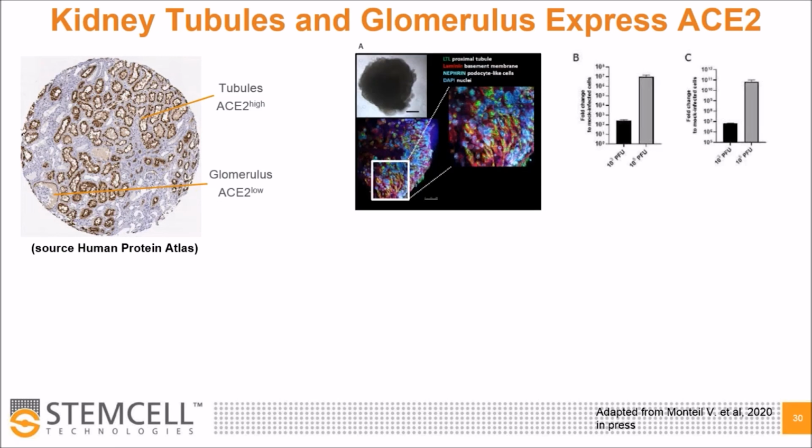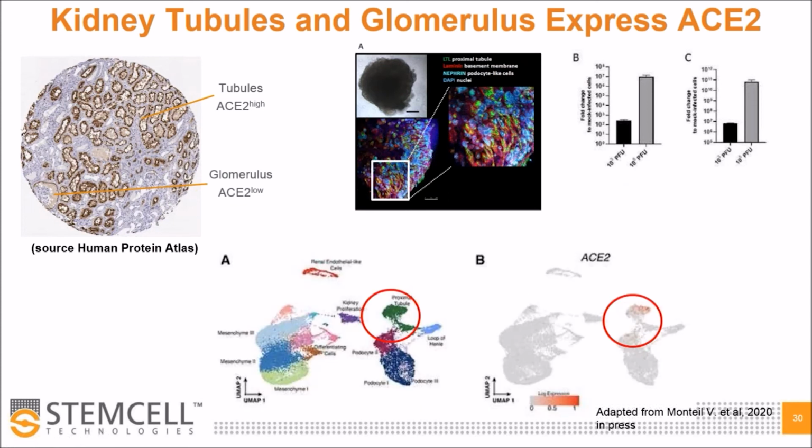A recent paper that is in press right now used human pluripotent stem cell derived kidney organoids as a platform to model the infection of SARS-CoV-2 in vitro. They performed single-cell RNA-seq analysis, and they show that ACE2 very nicely localized within the proximal tubule and the podocyte type 2 cells.